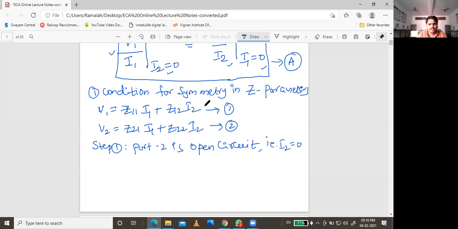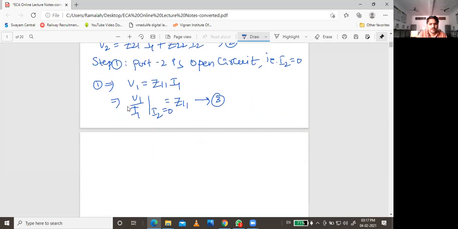So from equation 1, V1 equal to Z11 I1. So V1 by I1, when I2 equal to 0, is nothing but our Z11. So this is equation 3.